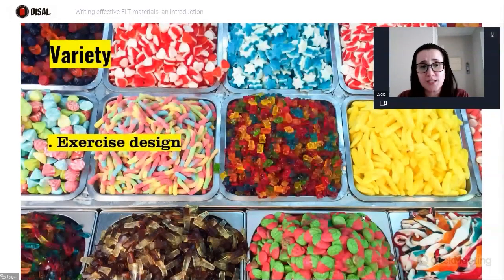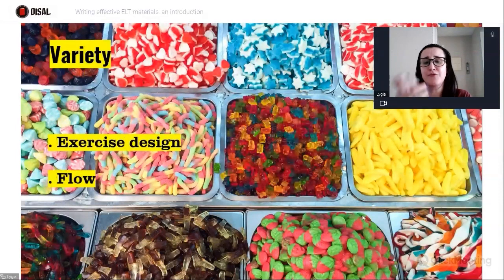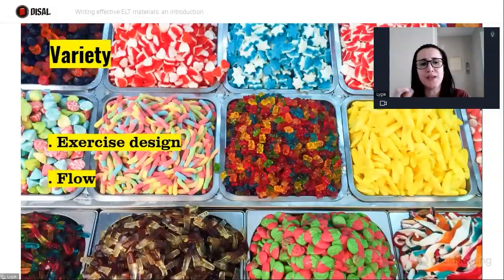So we've talked about exercise design. What else? Flow. We also need to think about the flow of our activities. And how can we achieve a good flow in our materials, in our lessons? Something that helps is the heads up, heads down test. I don't know if you've heard of this before, but what does it entail?